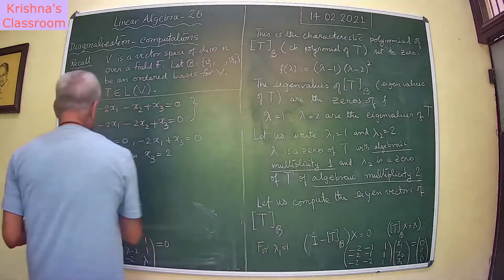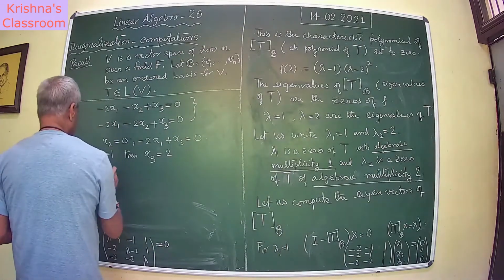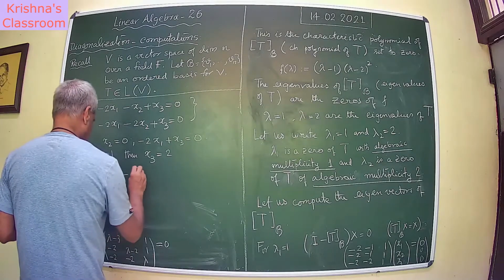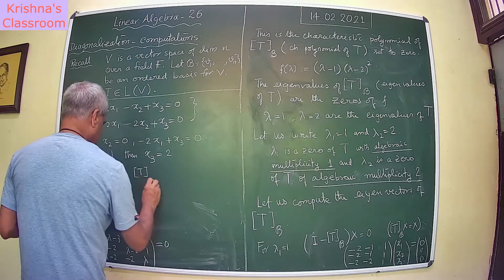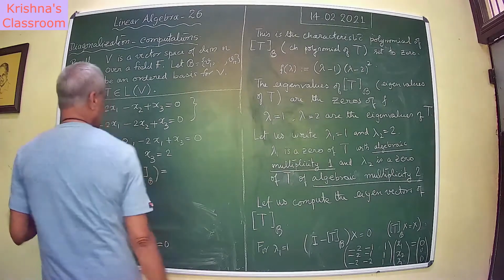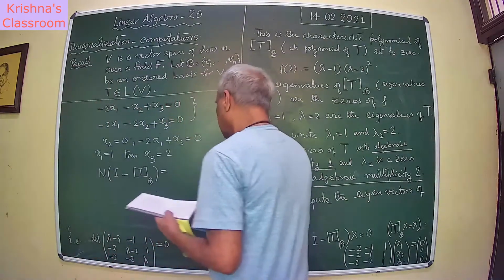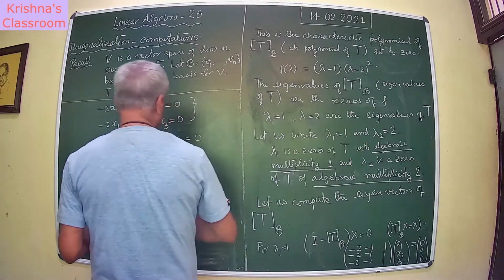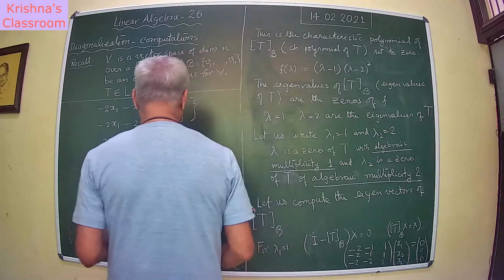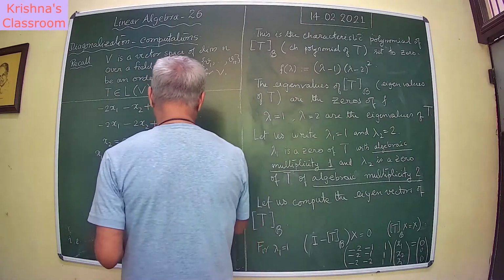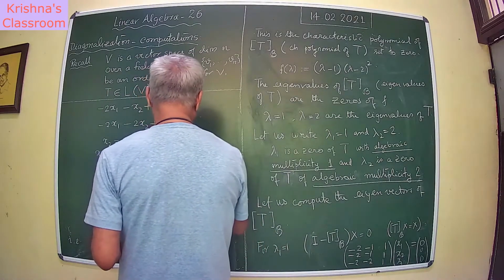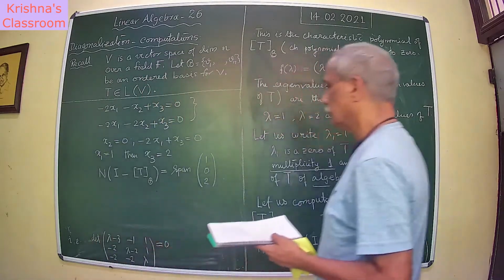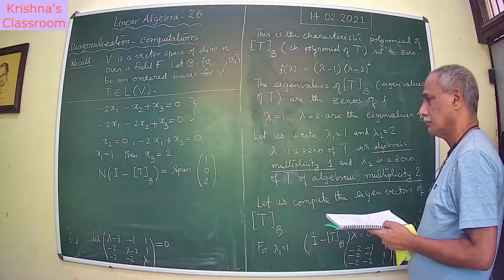So the null space of this is equal to the span of the vector x1 equal to 1, x2 equal to 0, x3 equal to 2.